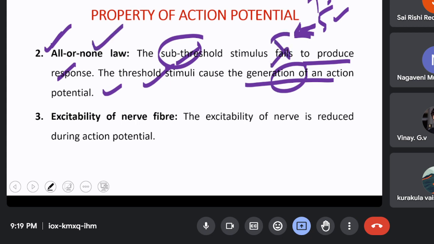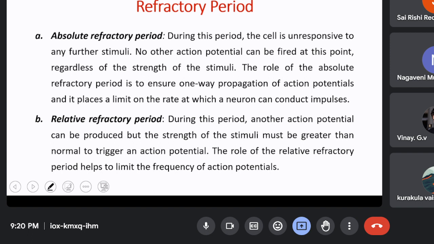The third property is excitability of nerve fiber. So nerve fiber is always excitable, and this excitability can be referred to by what we call the refractory period. The refractory period is the period between two successive responses of a muscle or nerve.